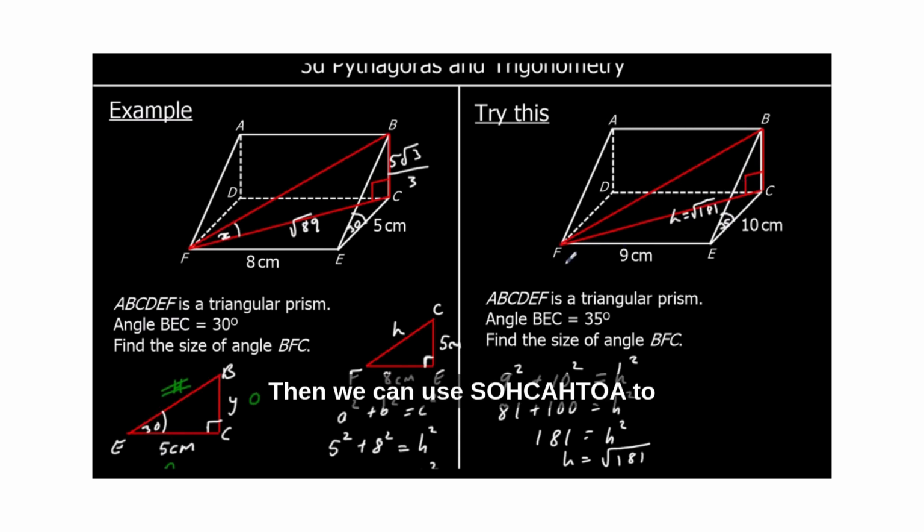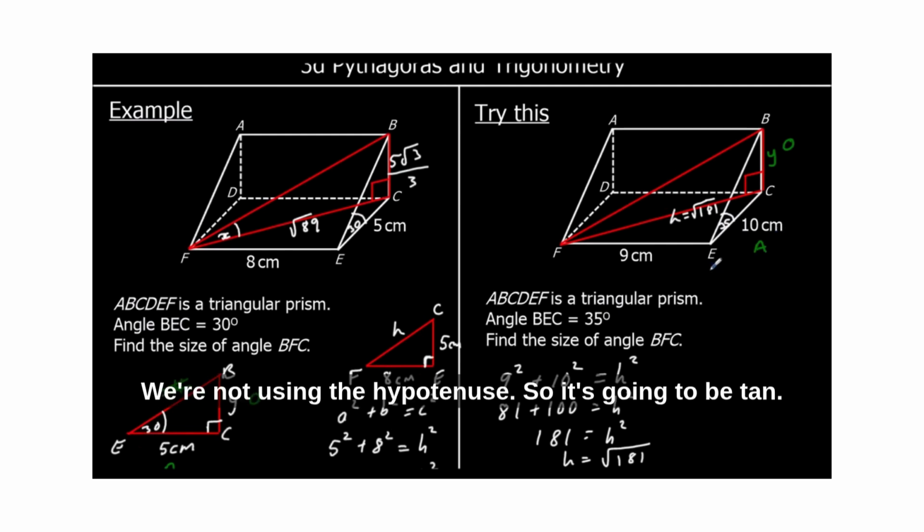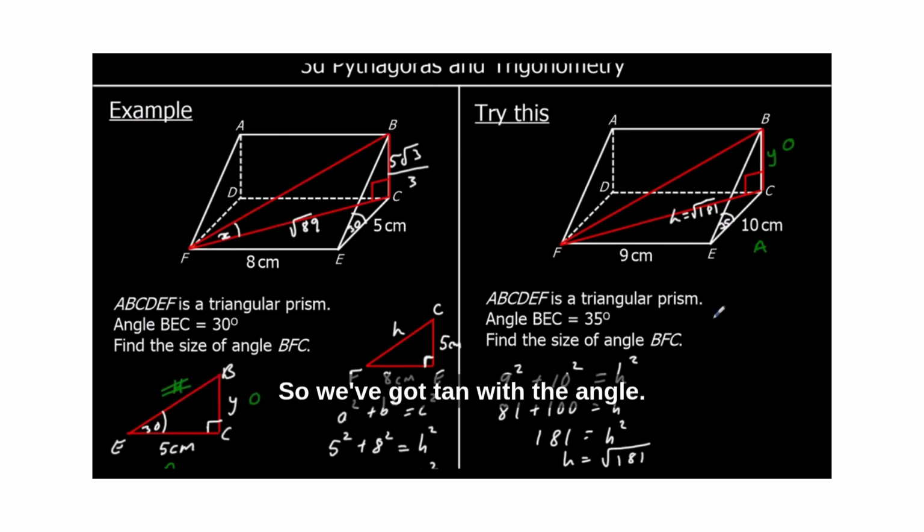Then we can use SOHCAHTOA to find BC. So we've got the opposite and the adjacent. We're not using the hypotenuse, so it's going to be tan. So tan 35 equals O over A, y over 10.